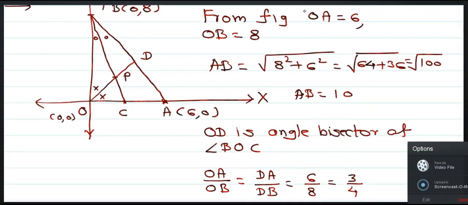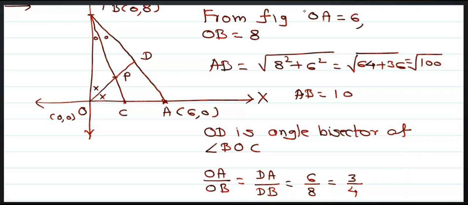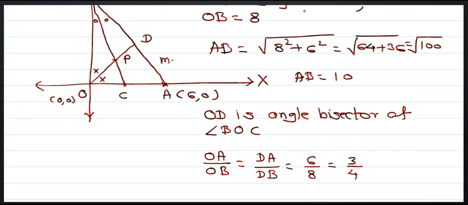Therefore, by the angle bisector theorem, OA upon OB is equal to DA upon BD. This is important. OA is equal to 6 and OB is equal to 8, that is equal to 3 upon 4.